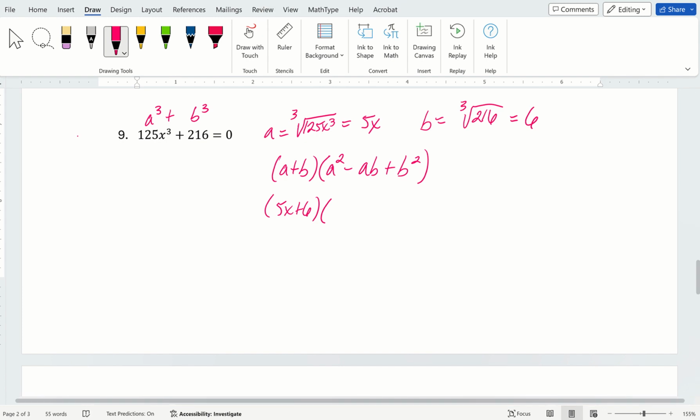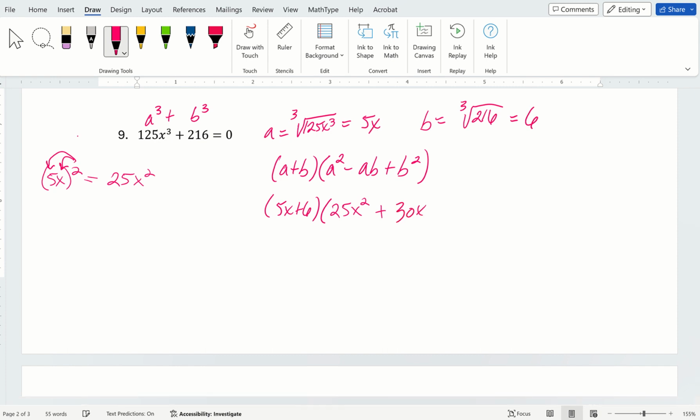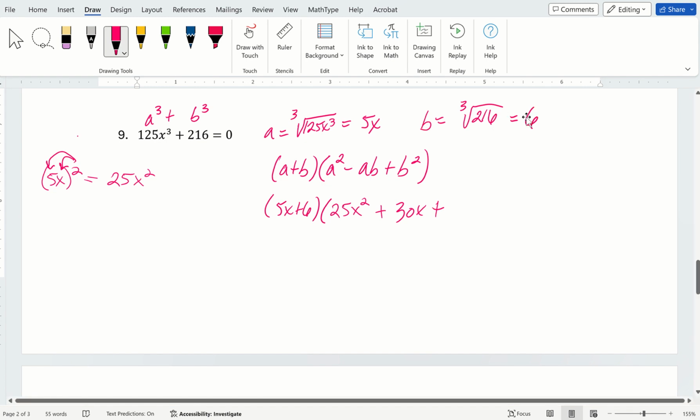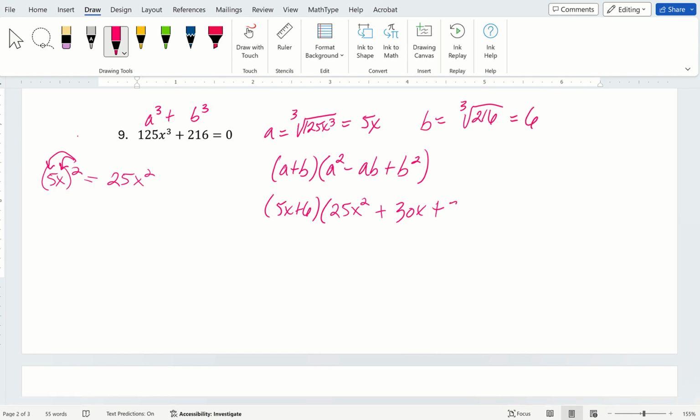Over here I'll do 5x squared. Remember, we have to distribute this exponent to every term inside the parentheses. Gives me 25x squared plus a times b, so 5x times 6 is 30x, plus b squared, 6 squared is 36. And that's all equal to 0.